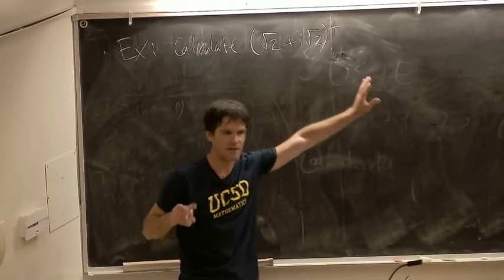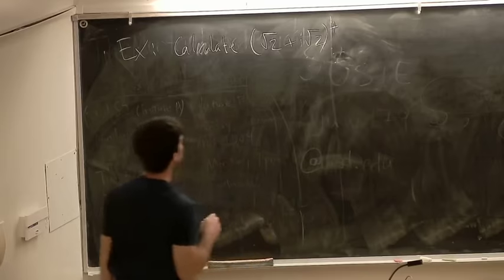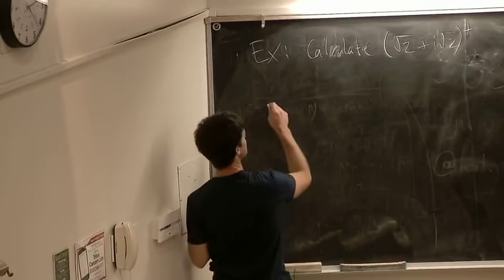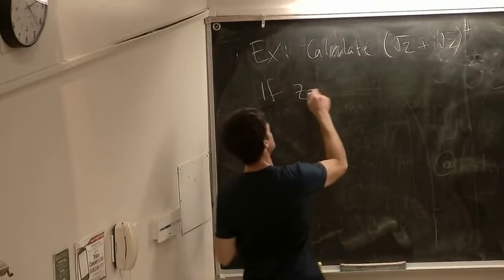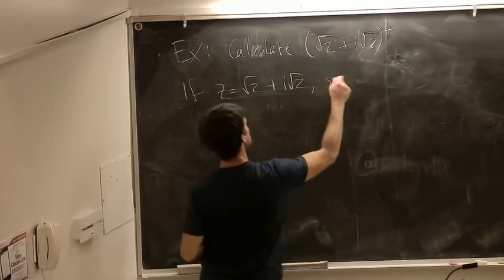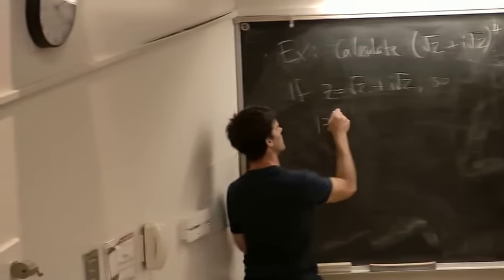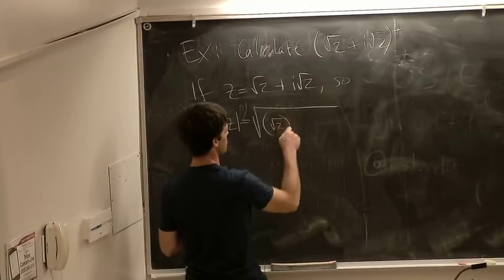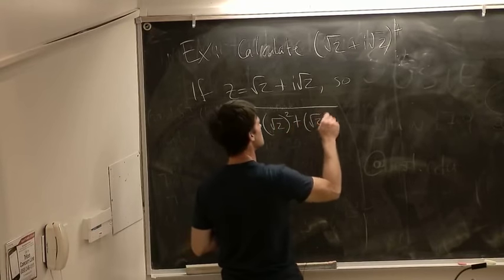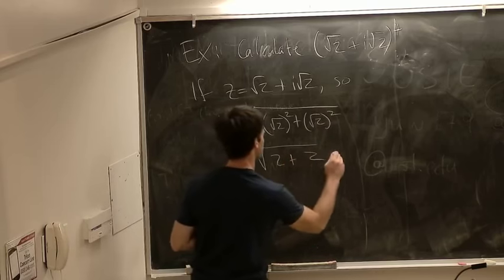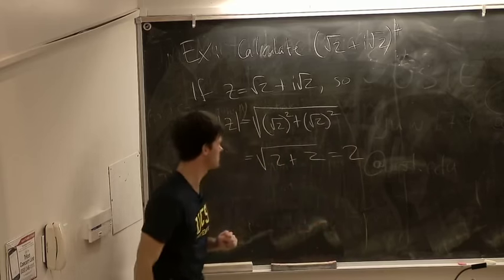It would be kind of a pain. But using the polar form, if z is root 2 plus i root 2, the magnitude of z will be the square root of root 2 squared plus root 2 squared. That's the square root of 2 plus 2, which is 2.